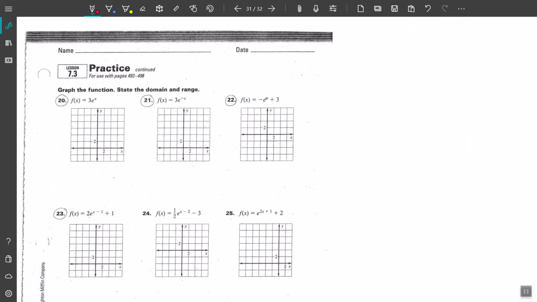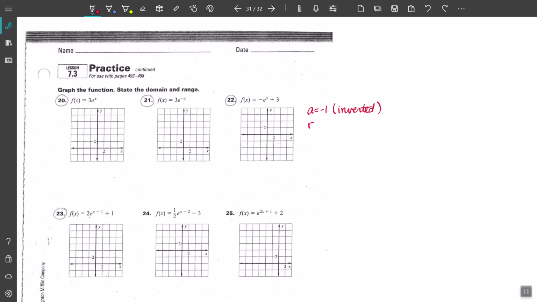On 22, our a value, so out here being multiplied by our exponential expression, is -1. So we can expect this to actually be inverted. Our r value is 1, which lets us know that r value corresponds to exponential growth, although because our a is less than 0, we don't really refer to it as growth.